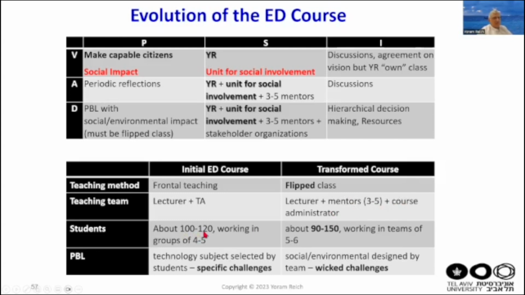I used to have the course with about 100 to 120 students working in groups. Now it's 90, and we were also 150 students working in teams of 5, 6 students with 3 to 5 mentors, all of this happening in parallel.